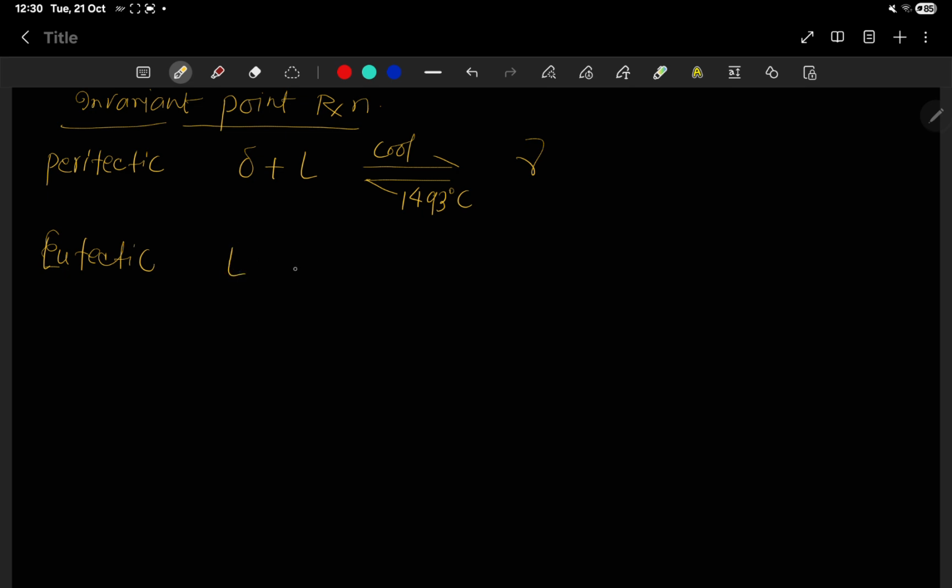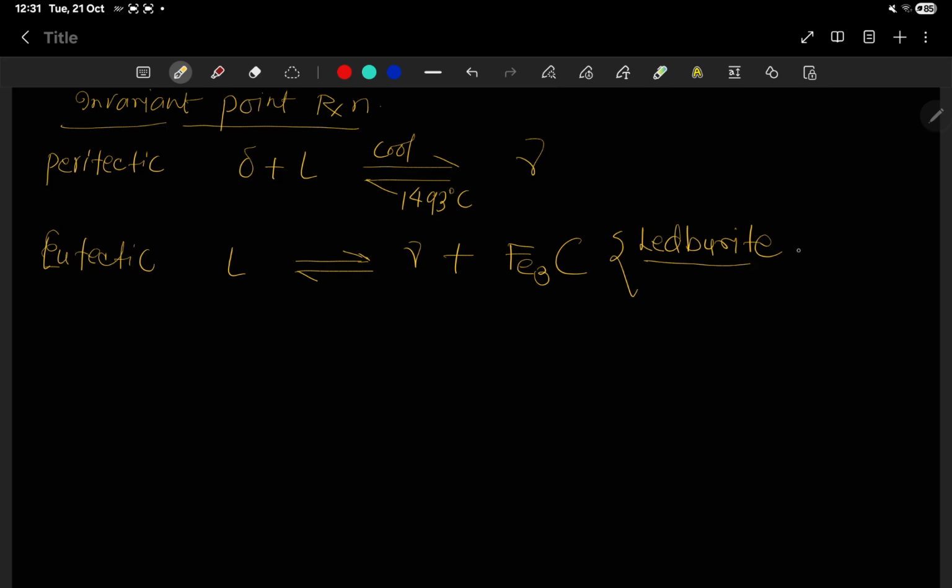Here liquid will transform into gamma plus Fe3C, and this gamma plus Fe3C is known as ledeburite.